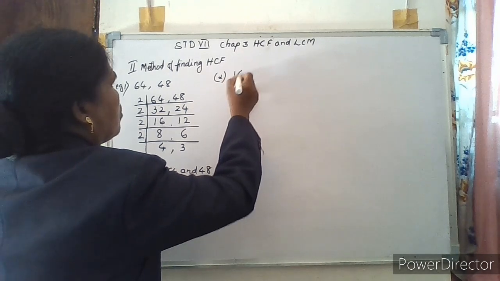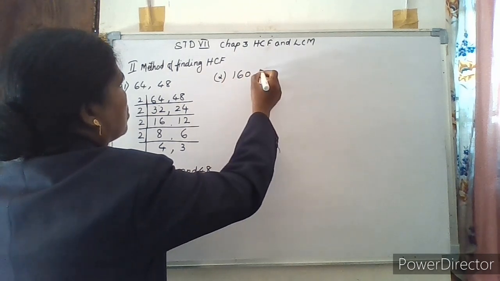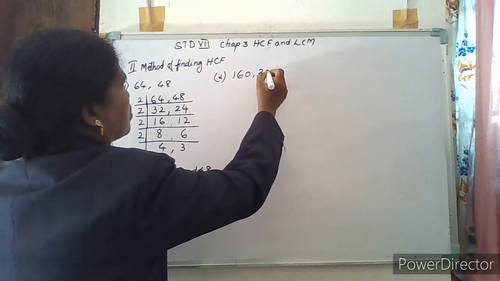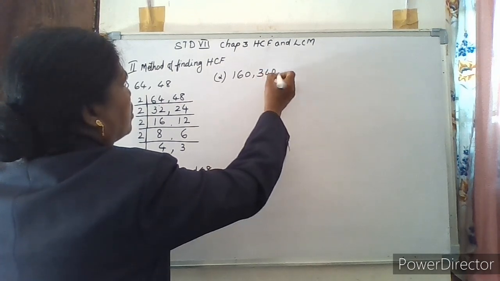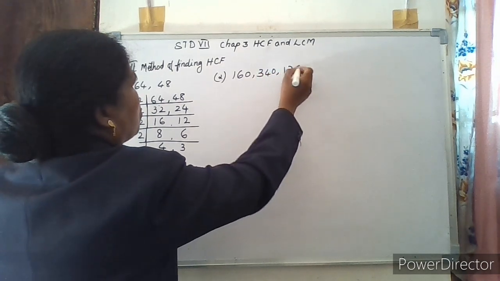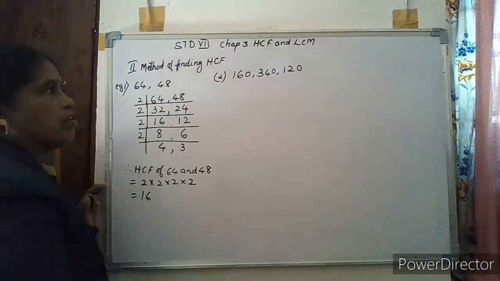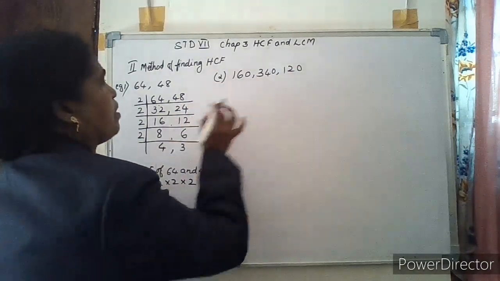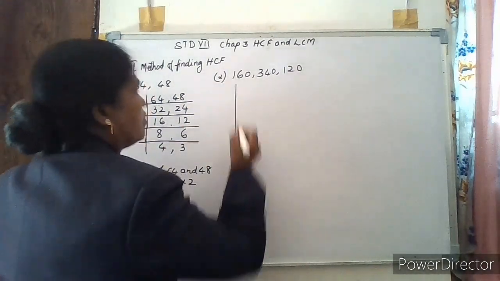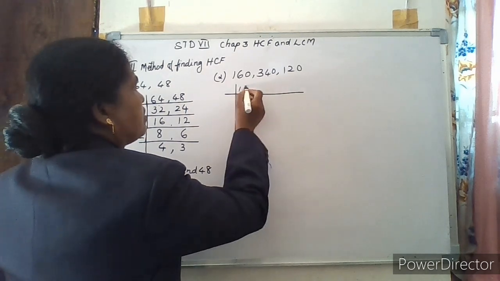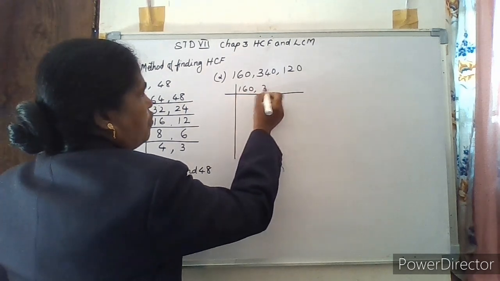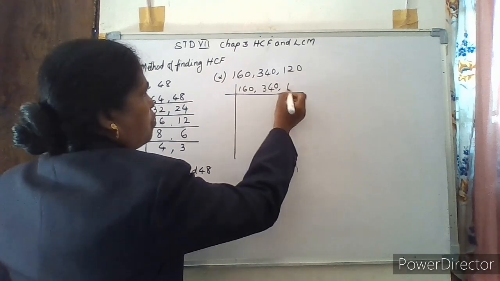Suppose I take 160, 340 and 120. These are three numbers. By this method, draw the line and write 160, 340, 120.